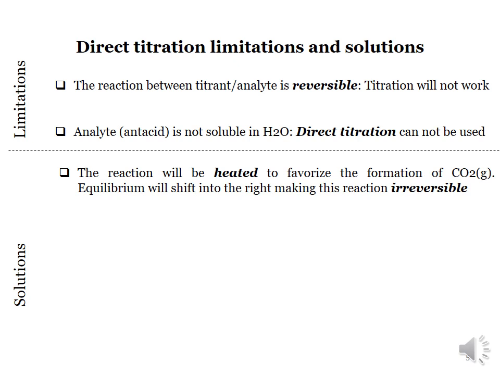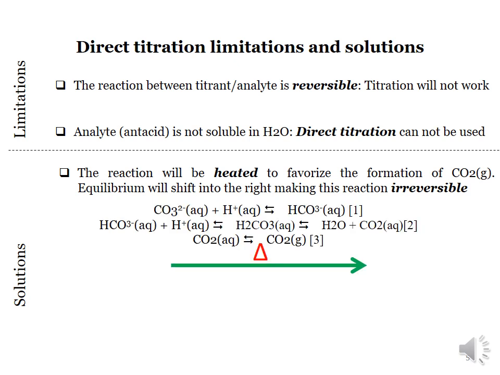The reaction will be heated during the procedure to favor the formation of carbon dioxide gas. And by favoring the formation of the gas that will evaporate, the equilibrium will shift to the right to make more of the gas, because there will be non-equilibrium.